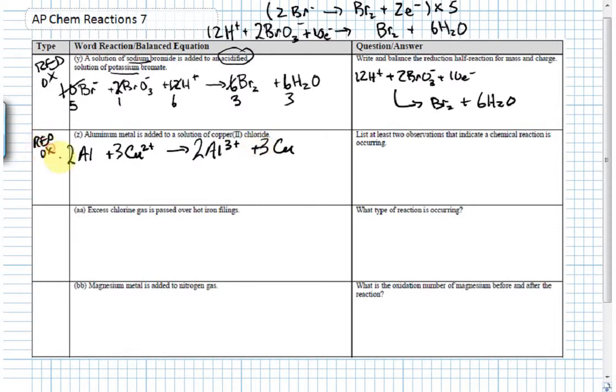These are the observations that indicate a chemical reaction is occurring. Okay, let's see. Aluminum disappears. Copper forms.